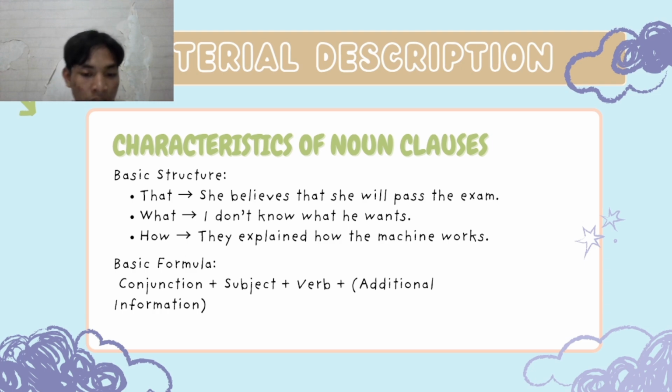And "who": they explain who makes the machine work. Basic structure formula: conjunction plus subject plus verb plus additional information. This structure helps us form noun clauses that can function as subject, object, complement, and more.